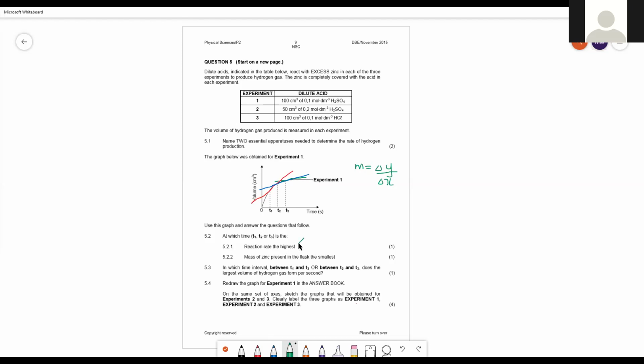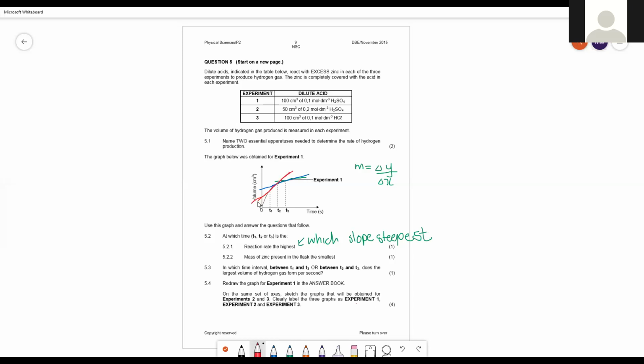So this question over here, where they're asking you at which time the reaction rate is the highest, they are asking you which slope is the steepest. That's what they're asking you. And in this case, it will be the red one.